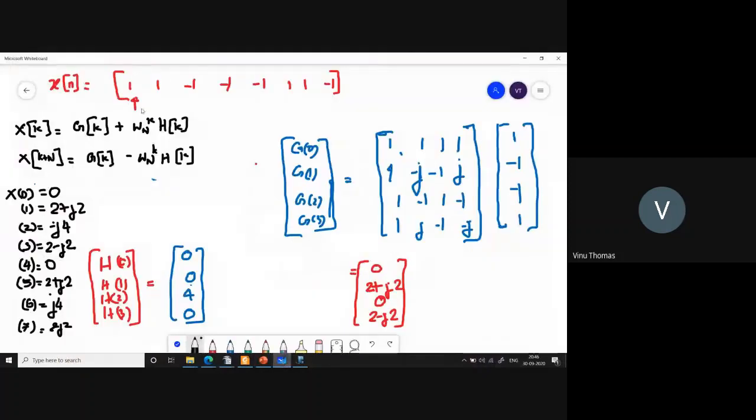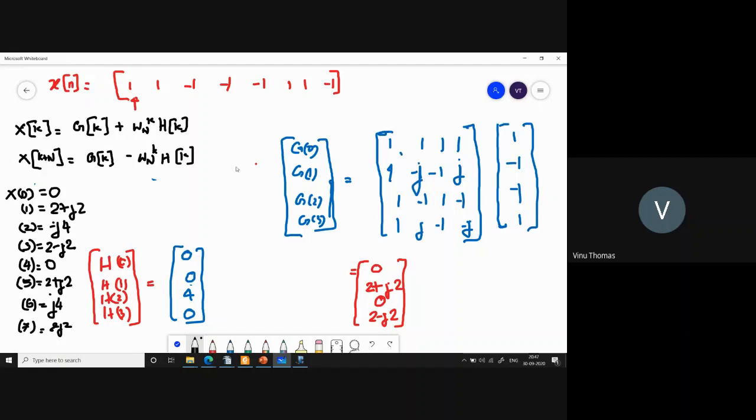Otherwise, if you have an 8-point FFT to be computed, split the sequence into even and odd. Compute the 4-point DFT of the even sequence. Compute the 4-point DFT of the odd sequence. And then you compute the total DFT using this equation. So this you can very easily find.